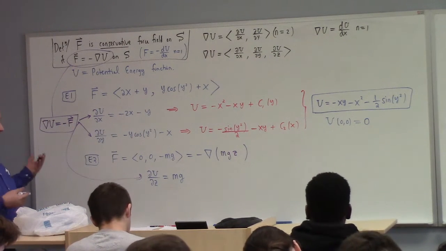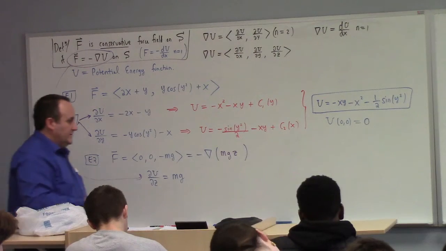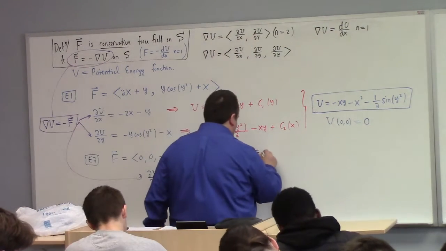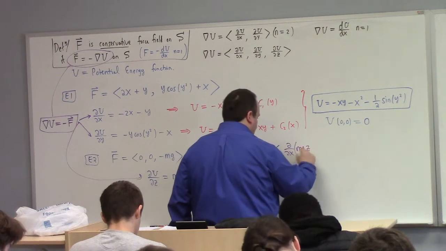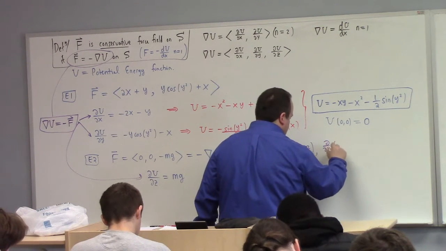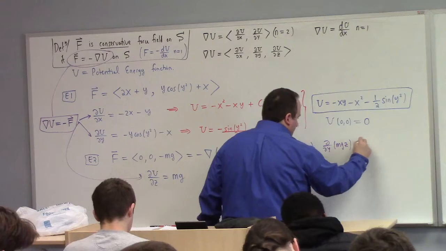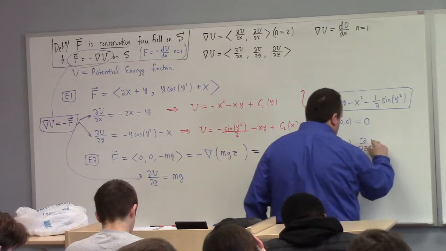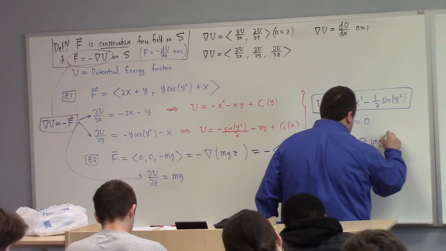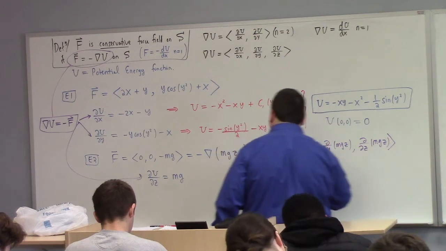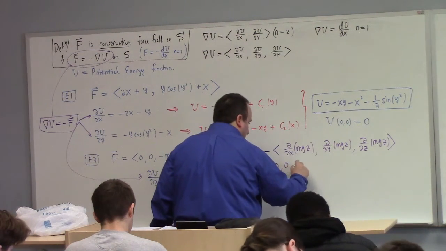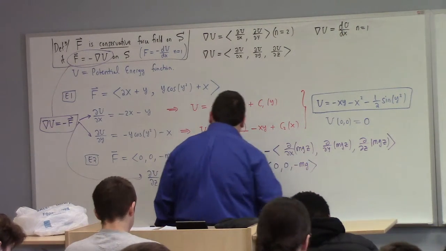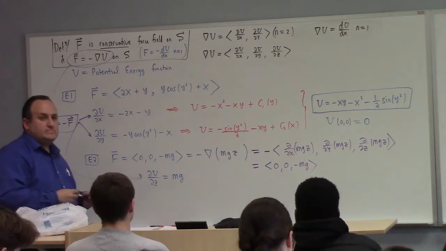If we calculate the gradient of mgz, this would be equal to minus partial x of mgz, partial y of mgz, partial z of mgz, also known as what? 0, 0, minus mg, woohoo, which is what we want, right?